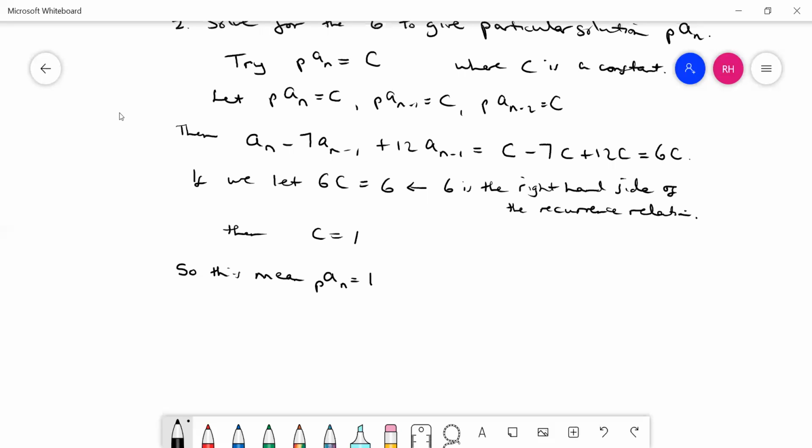And so then, I suppose step 3, AN, which is what we want, is now just the homogeneous solution plus the particular solution. And so that was A times 3 to the N plus B times 4 to the N plus 1.